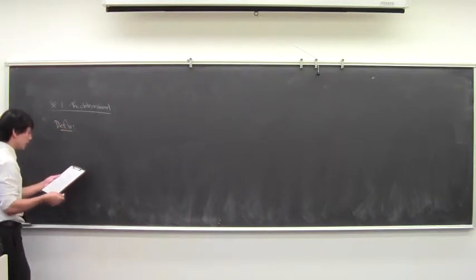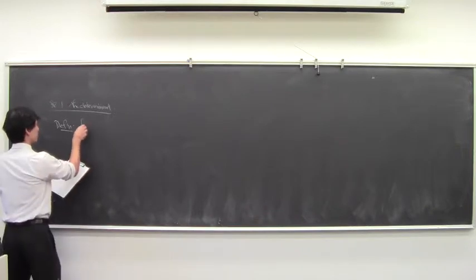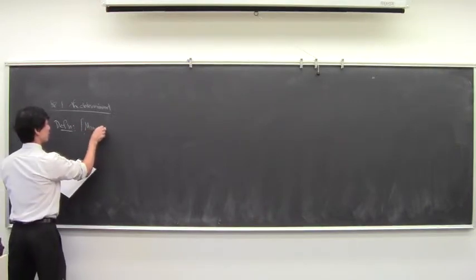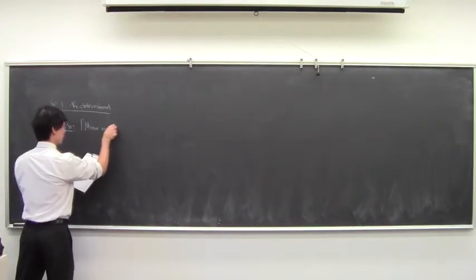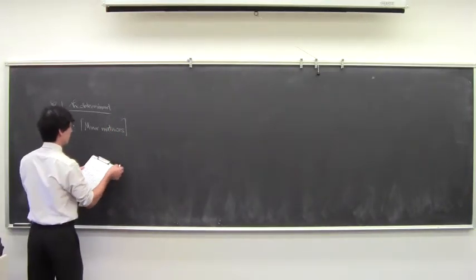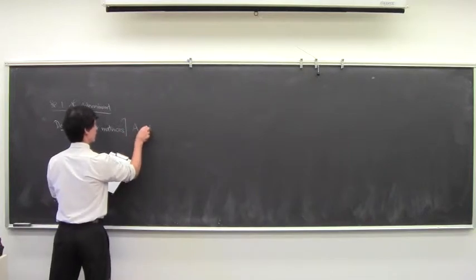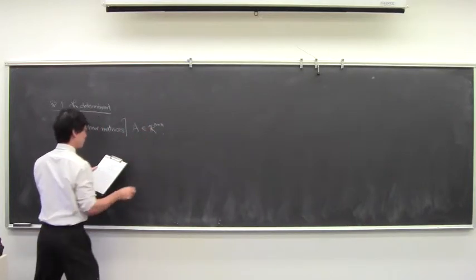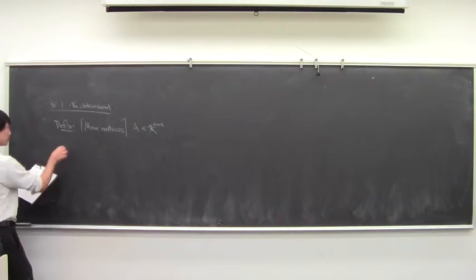Heading towards the definition of the determinant, let's first define something called the minor matrix, minor matrices. So you have an n by n matrix, a square matrix.